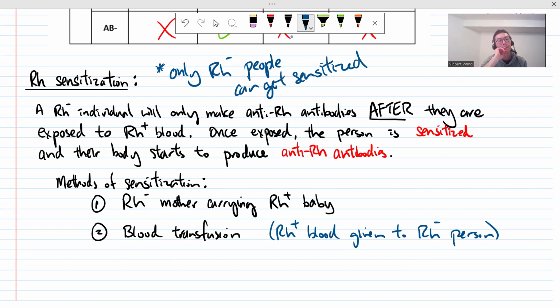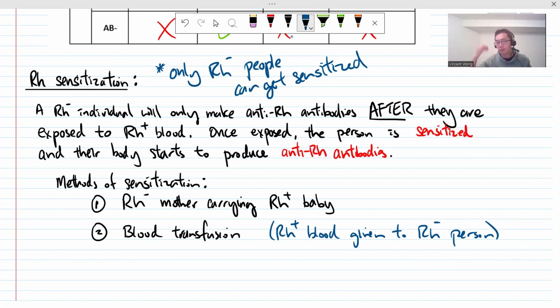Why for the second time does it not work? Sure. Okay, so let's say I'm negative. I never got exposed before. Do I have antibodies in me for RH? No, right? I do not have antibodies to attack the RH positive cells, so that's okay. I can receive it.